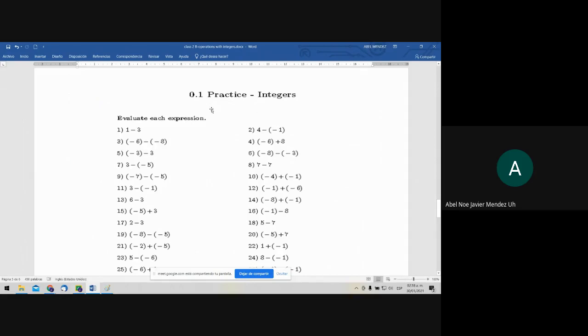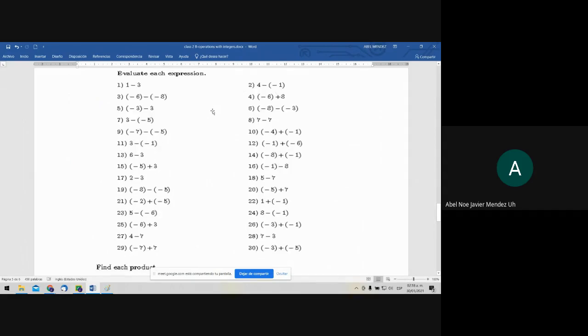I'm going to give you 10 minutes to solve the operations in the left column, just 15 operations.